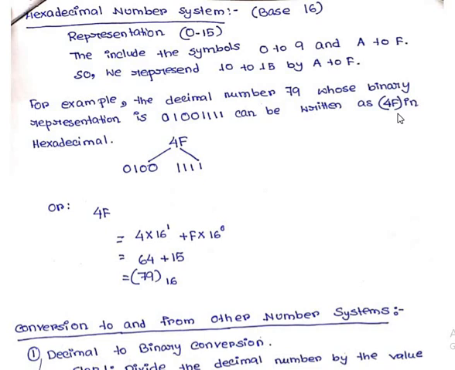Instead of writing 10, I will write A. Instead of writing 11, I will write B. Instead of writing 12, I will write C. Instead of writing 13, I will write D. Instead of writing 14, I will write E. And for 15, I will write F. So to represent 10 to 15, I will use A to F.